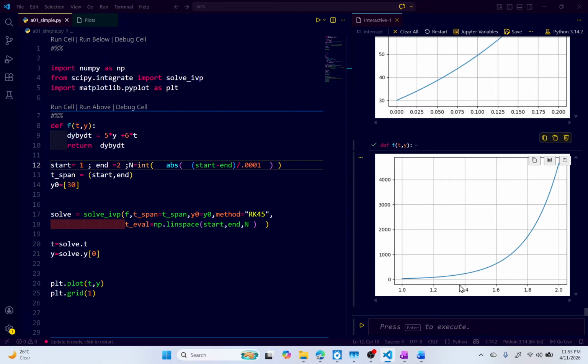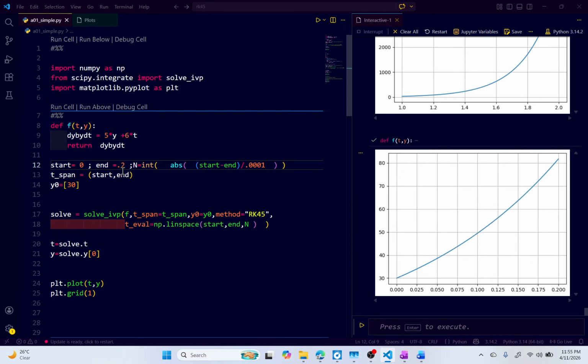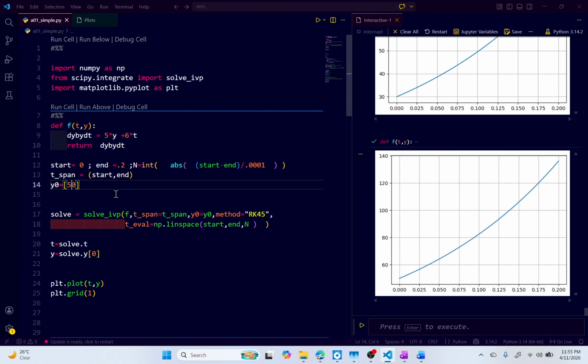Then you have the initial condition, and the initial condition is 30. That's why my graph starts from 30. If you write 50 here, then your graph will start from 50.